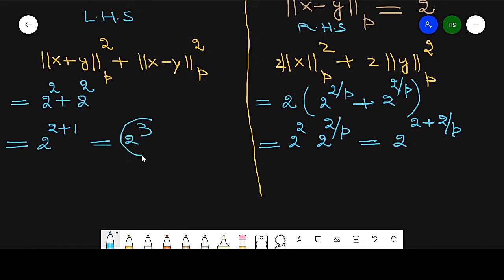Now these two terms are equal only when p equals 2. Otherwise they are not equal.